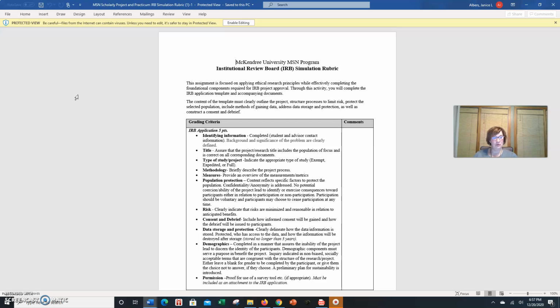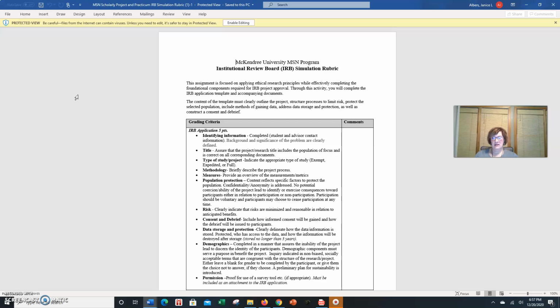What type of study are you doing? It may be a quality improvement study. Typically if it's a quality improvement project, it is exempt, so you would indicate exempt. If it's something that does include human subjects that you will be studying, it may be expedited or full, but for the purposes of our projects, typically they are all exempt, so to speak.